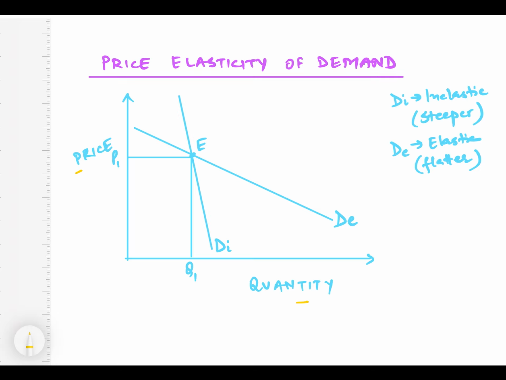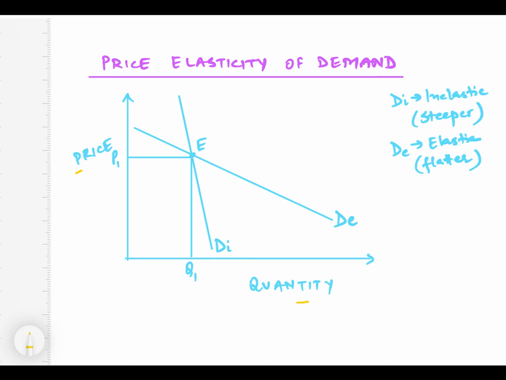One steep for inelastic demand, which is this in our case, DI. DI is showing inelastic demand, and one flat demand curve which will show elastic demand. So always remember, a steeper demand curve shows inelastic demand and a flatter demand curve shows elastic demand.